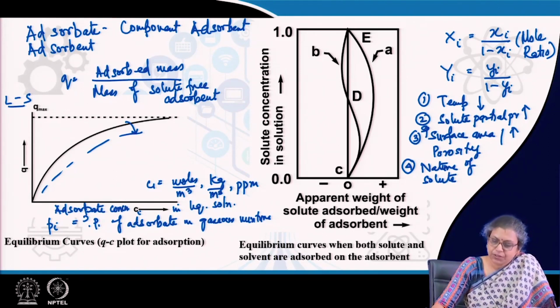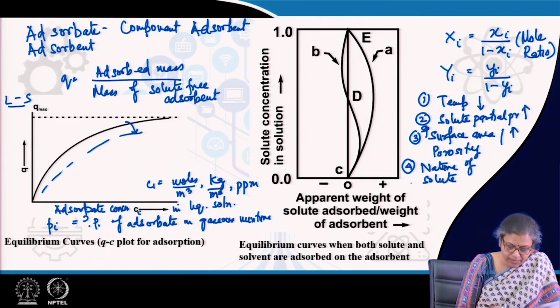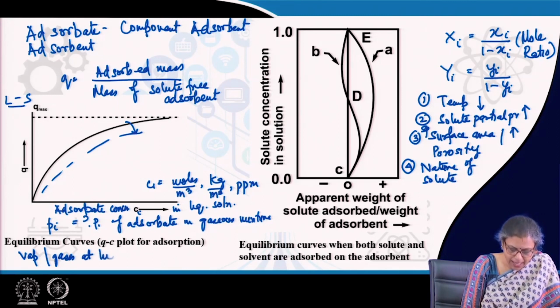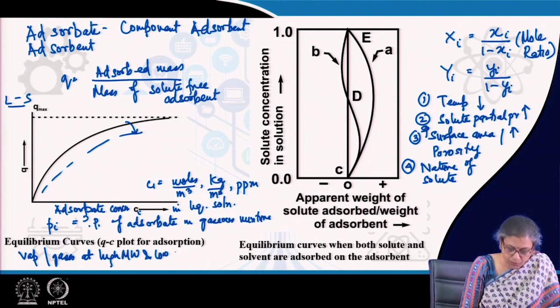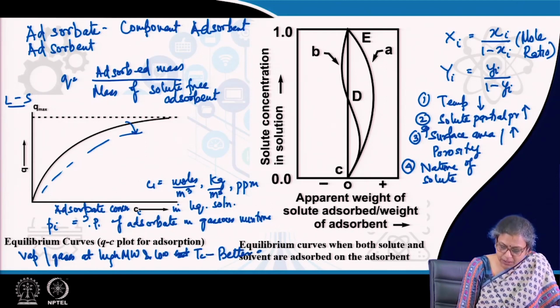We find that for vapors or gases with high molecular weight and low critical temperature, or in other words low Tc, these are more readily adsorbed, they are better adsorbed.